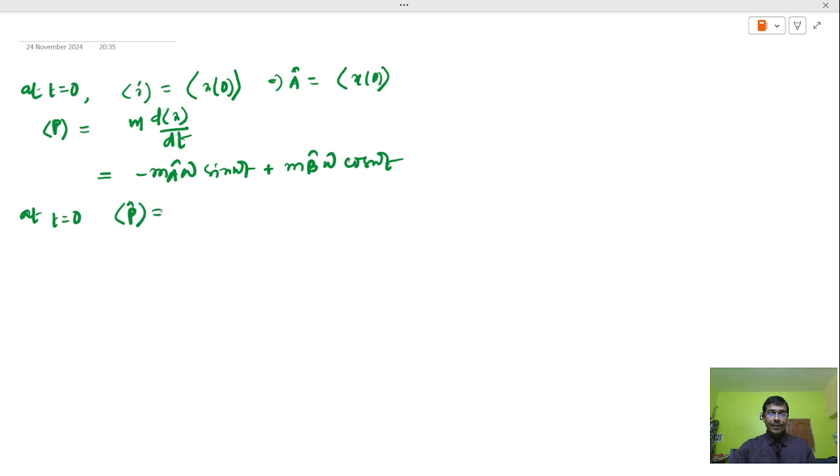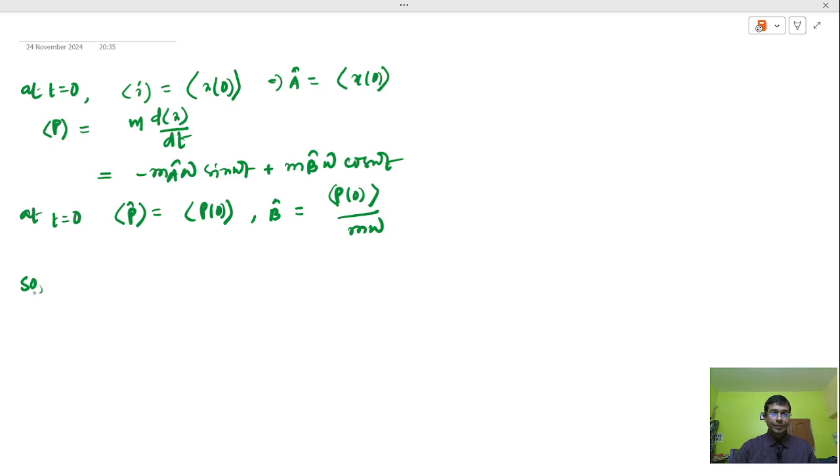Same, we get p0, and the constant b would become expectation of p0 by m omega. Here only x0, but here m omega.